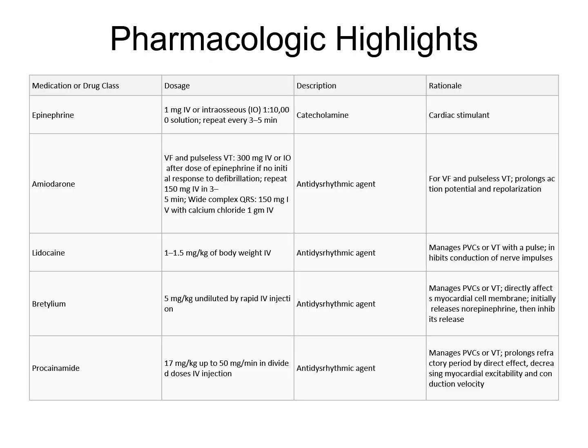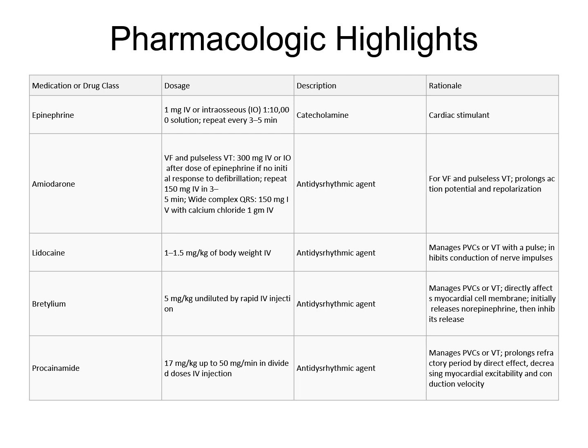These are medications that are used in cardiopulmonary resuscitation and defibrillation. These medications are the ones that you would know about in ACLS. You would give epinephrine, which is a catecholamine. It's a cardiac stimulant. It's given every 3 to 5 minutes. Amiodarone is used for ventricular dysrhythmias, and it's used for V-fib and pulseless V-tach.